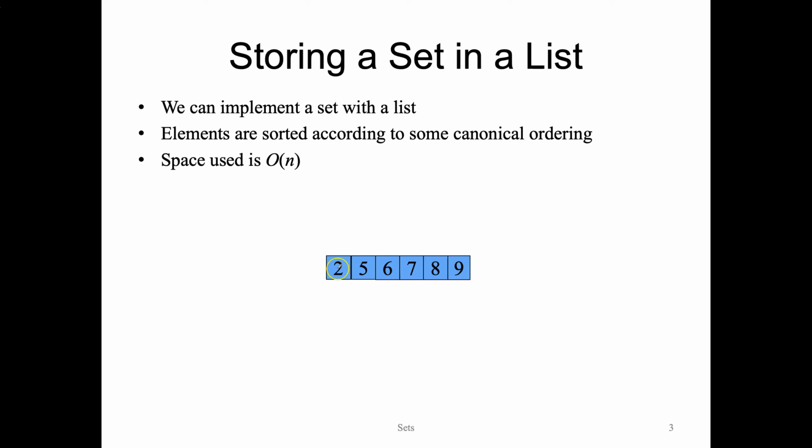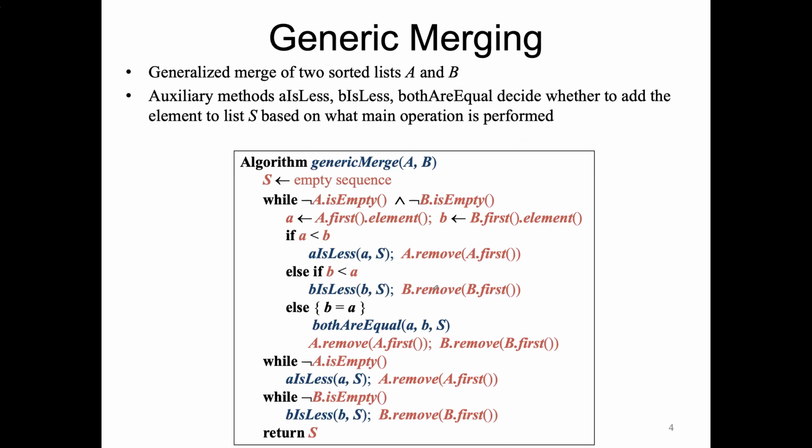So if these were numbers, we could put this in ascending order, for example. Then the amount of space that we use is linear with respect to how many items we have, because we have just one space for each item that we have to store. And we can use that generic merge subroutine. So we had used this before in merge sort in order to take two lists, A and B, that were already sorted and then put them into one large sorted list.